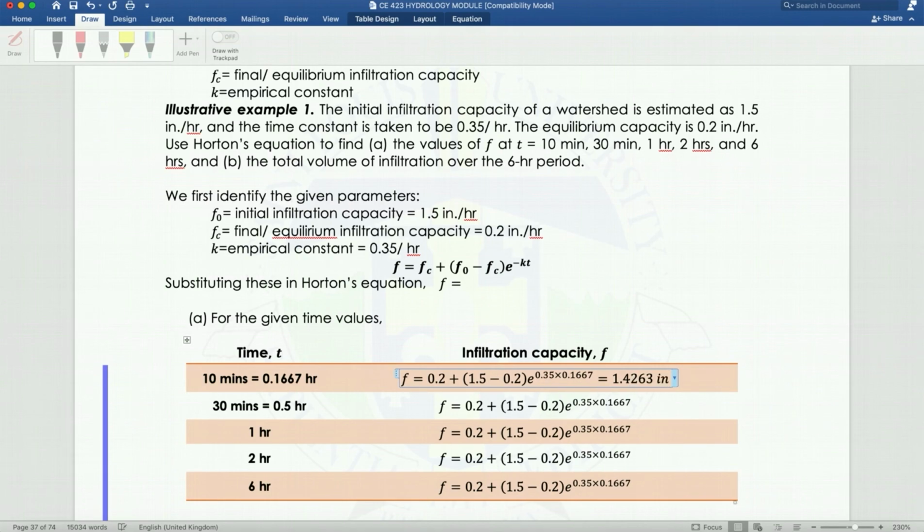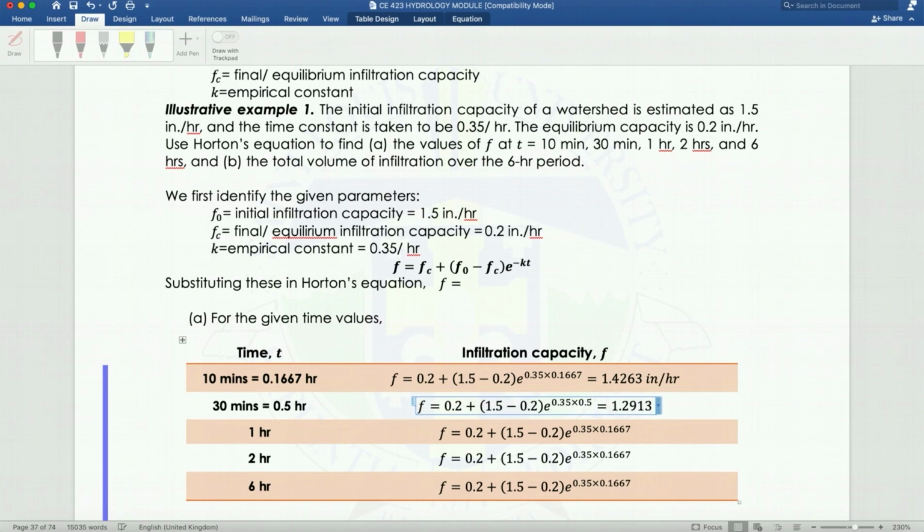So inch per hour. Next, we have here that the time is 0.5. Palitan natin yung 0.667. Okay. Then calculate. It is equivalent to 1.2913.